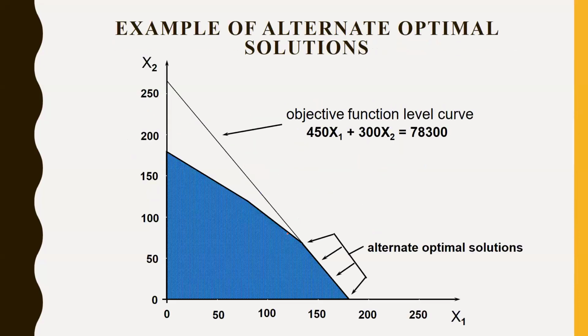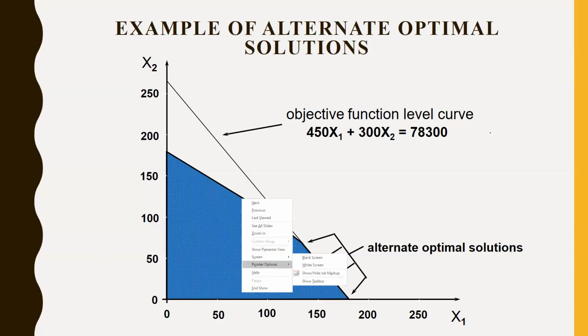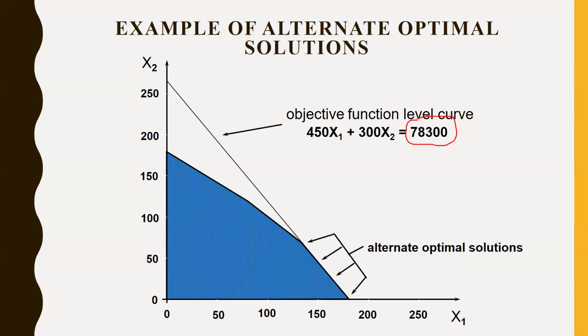For this case, we have an alternative optimal condition. This is the same optimum but different conditions. You can produce to get the maximum profit of 78,000, but not only at one condition.